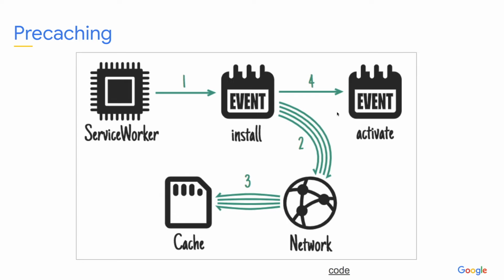Once it's done, the activate event will be fired. So we can generate our pre-cache automatically with Workbox.